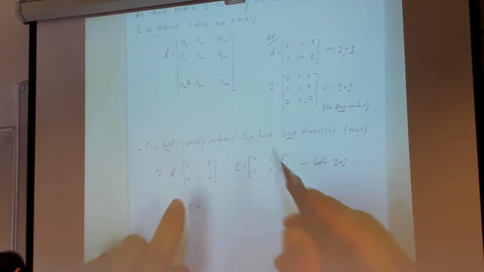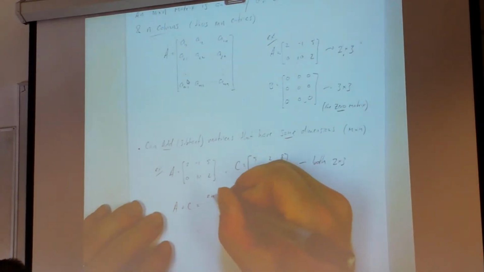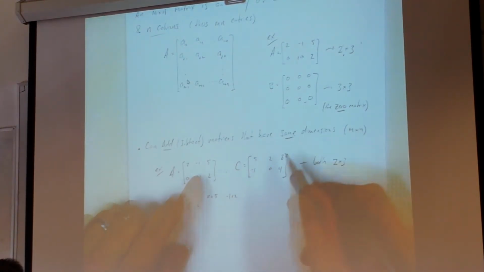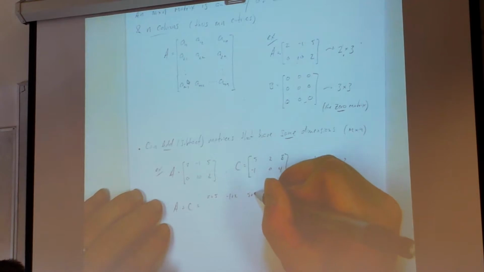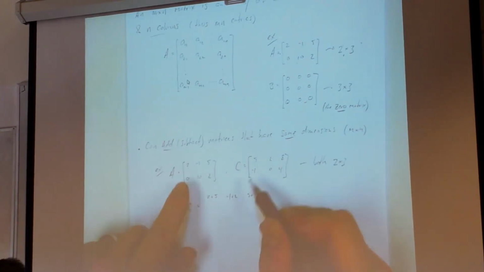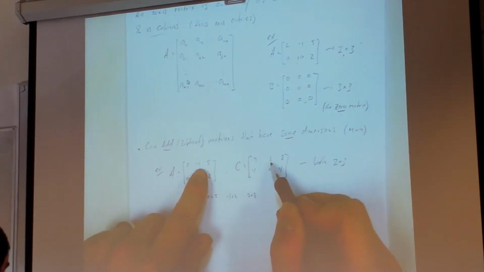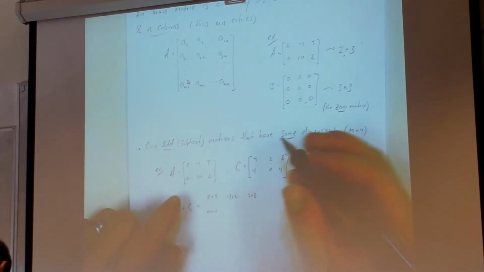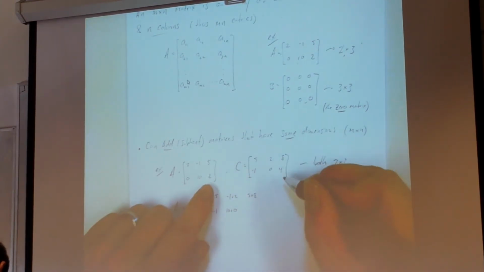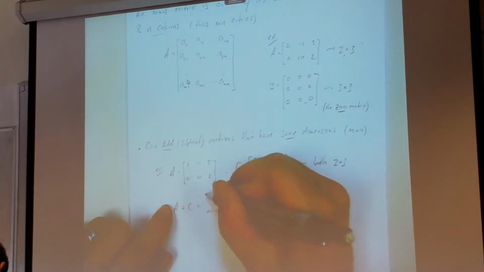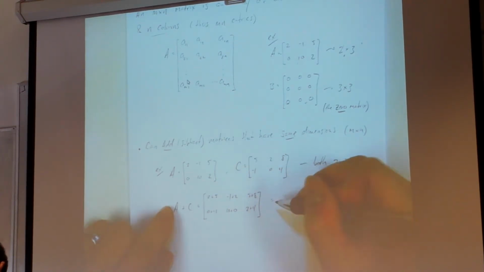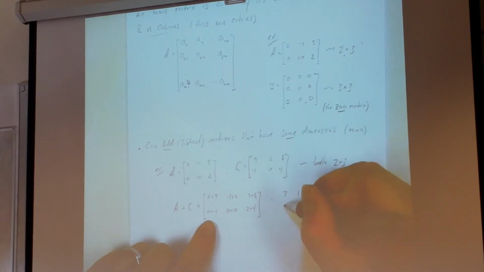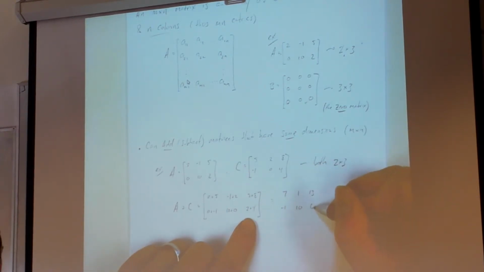It's 2 plus 5 in the first entry, -1 plus 2, 5 plus 8, 0 plus -1, 10 plus 0, 2 plus 4. So we get 7, 1, 13, -1, 10, 6.